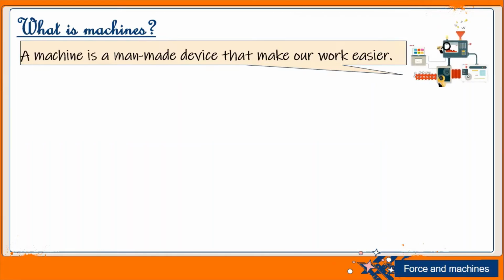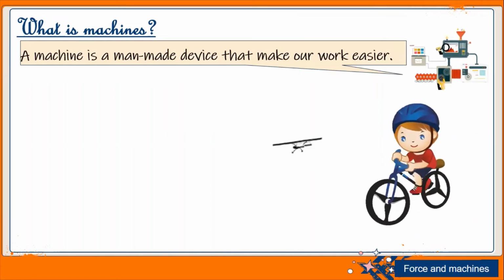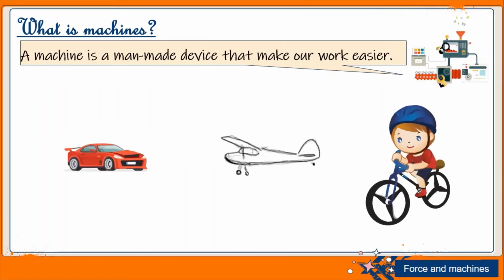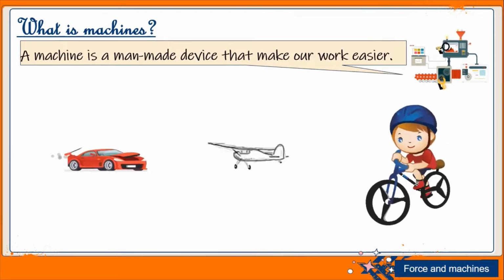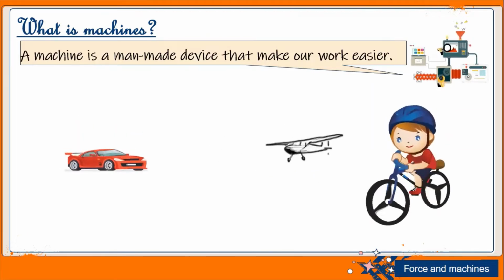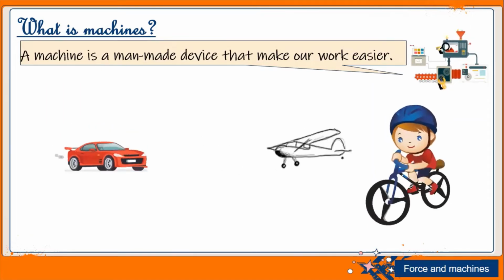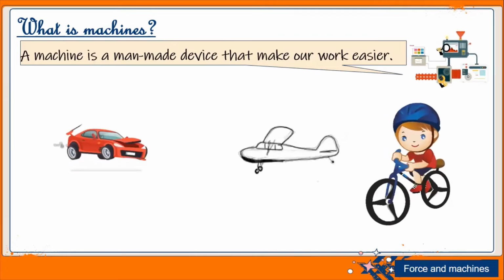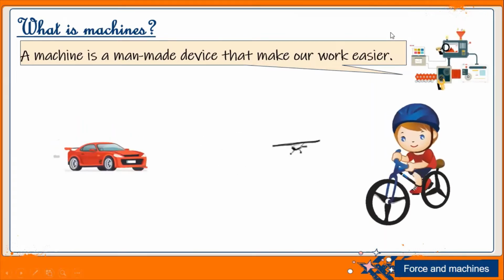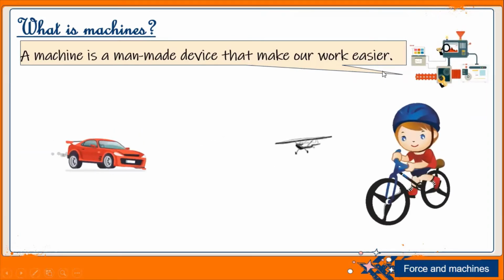A bicycle, a car, and an aeroplane are all machines. We use many machines at home: a sewing machine, a washing machine, a clock. Machines make our work easier, but they cannot work by themselves. They need some kind of force to make them move and work.